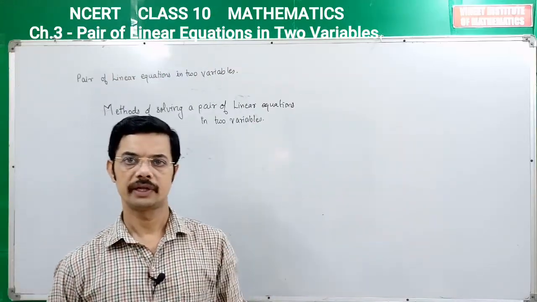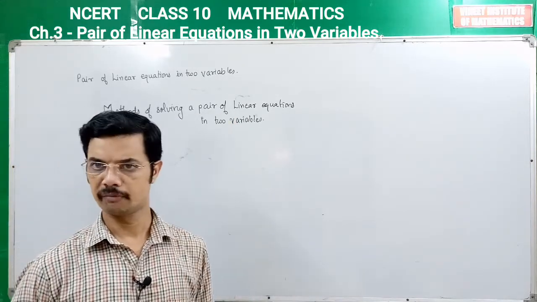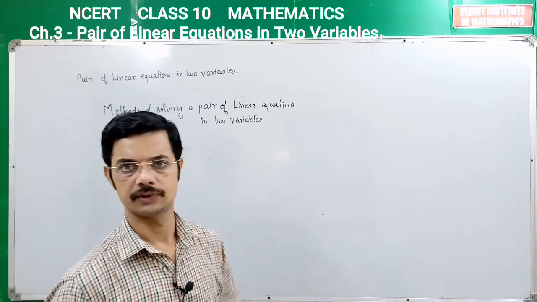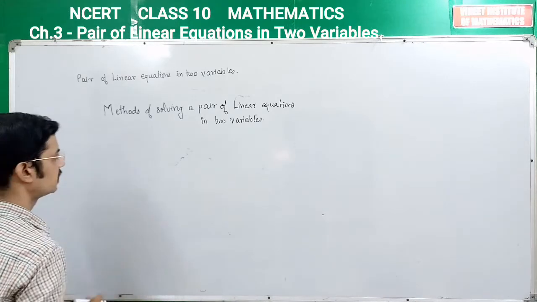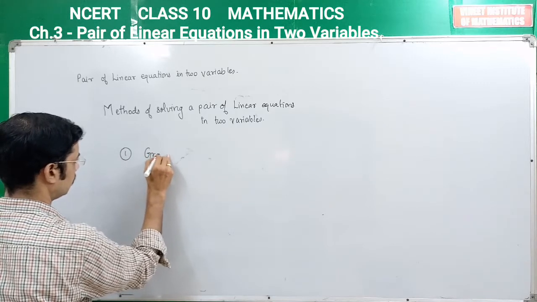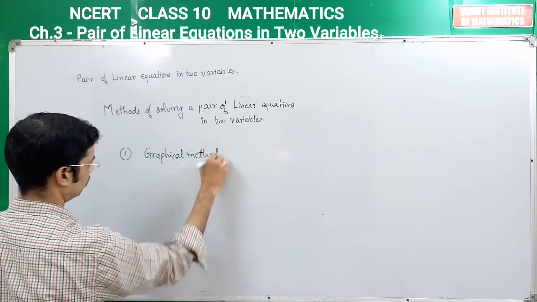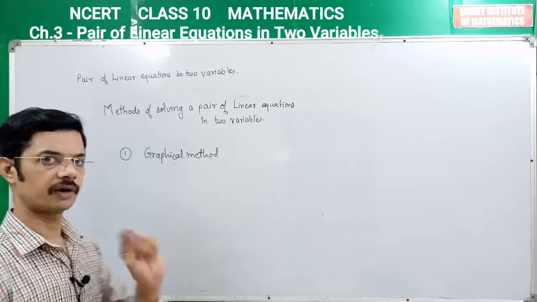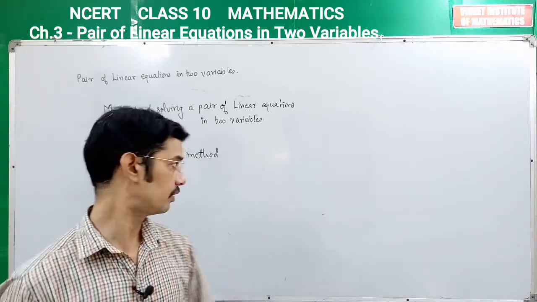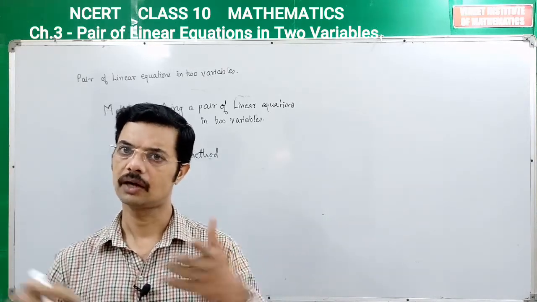Now let us discuss methods of solving a pair of linear equations in two variables. Which are the different methods available to us? The first method is called the graphical method, where we plot the graphs and find the point of intersection on the graph paper itself, and identify whether the lines are intersecting lines, parallel lines, or coincident lines.